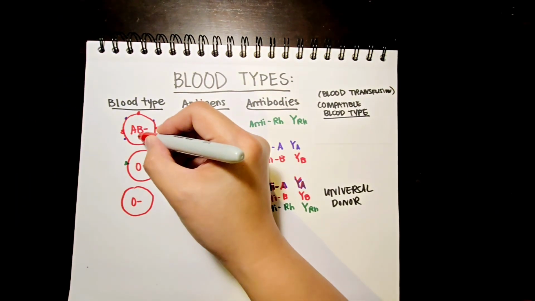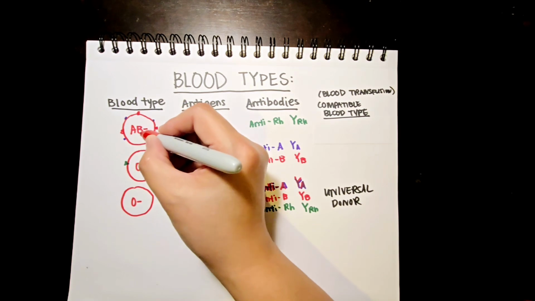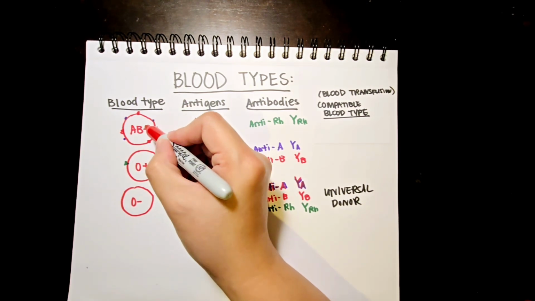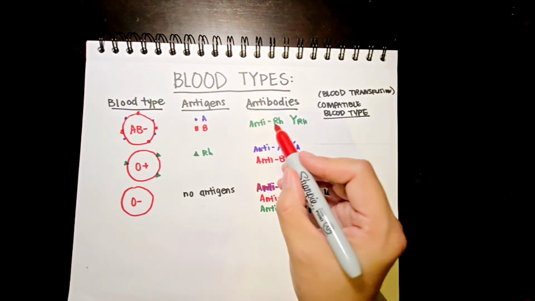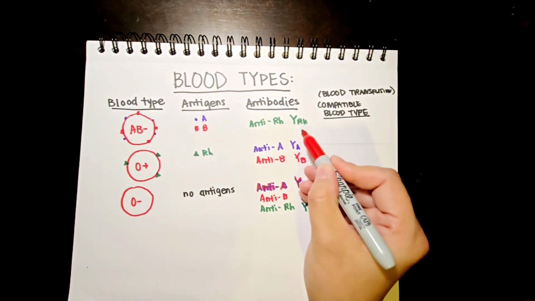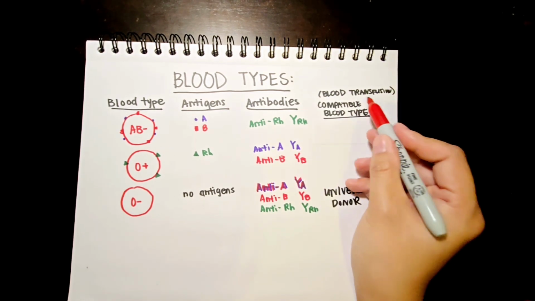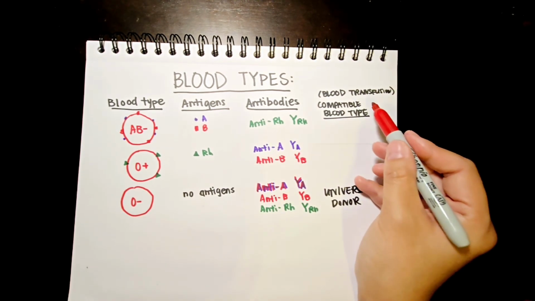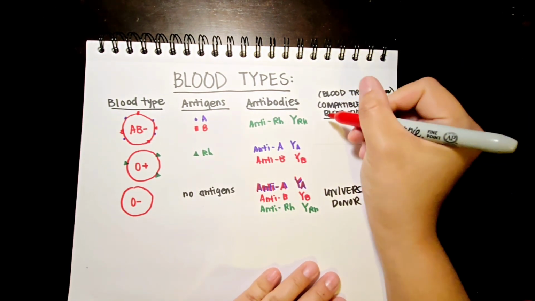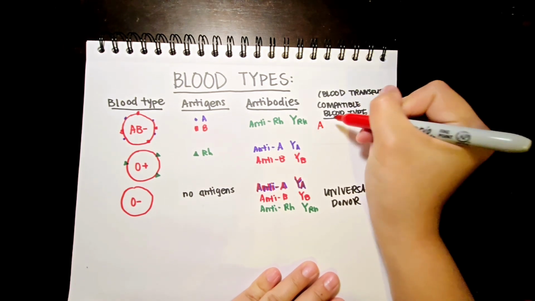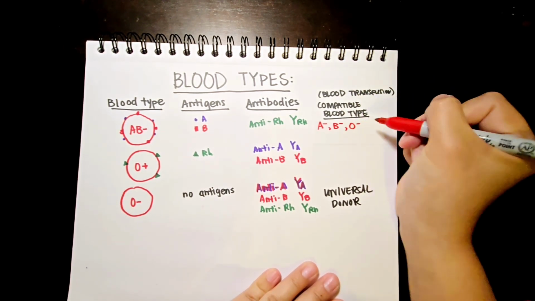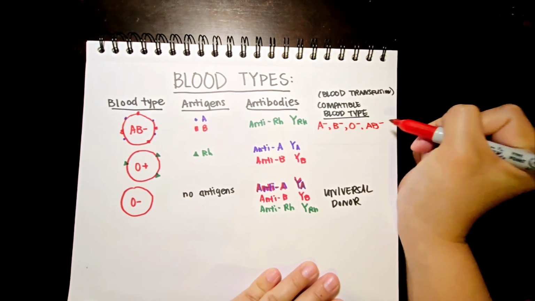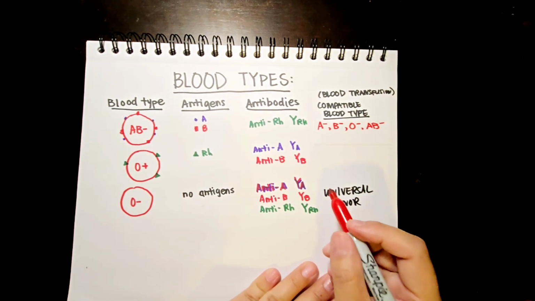And what about AB negative individual? For AB negative individual, they have a negative, which means they do not have Rh factor as an antigen, and their immune system would make antibodies against Rh factor. In this case, it changes what blood type they can get in terms of blood transfusion and blood compatibility. They can only receive from A negative, B negative, O negative, and AB negative, all the negative blood types only.